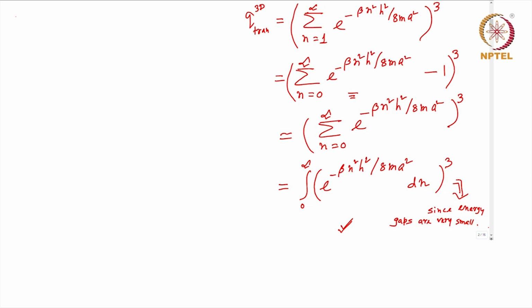Let us say that b is equal to beta h square by 8 m square.